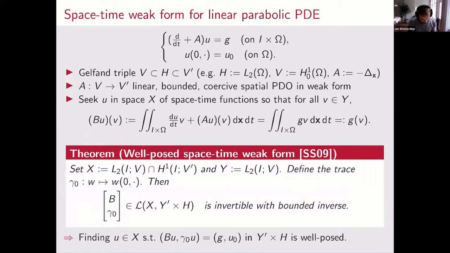So in 2009, Christoph Schwab and my advisor Rob Stevenson proved that if you take X to be this intersection of Bochner spaces and Y this other Bochner space, then this funky operator is a bounded linear operator, but it's also invertible and it has a bounded inverse. And this exactly means that finding u in X that solves these two equations is a well-posed problem. So that's a good foundation for us to start doing some functional analysis.